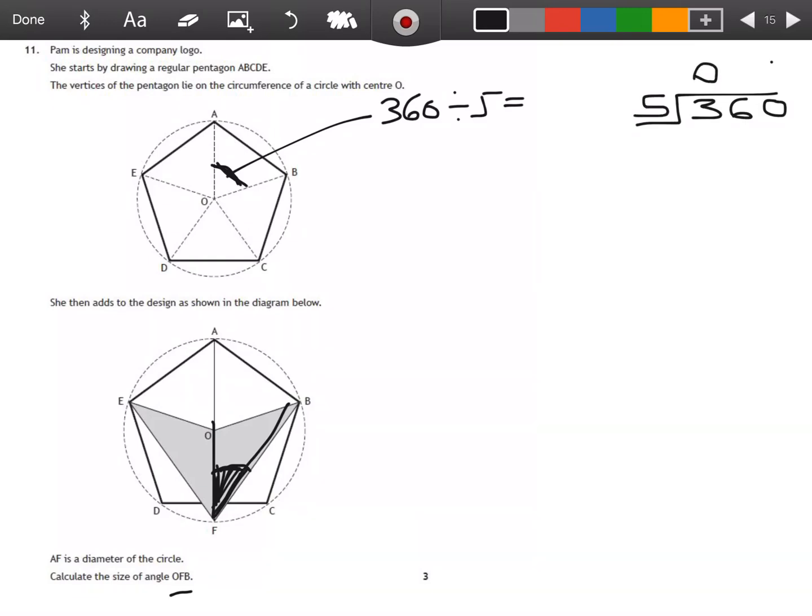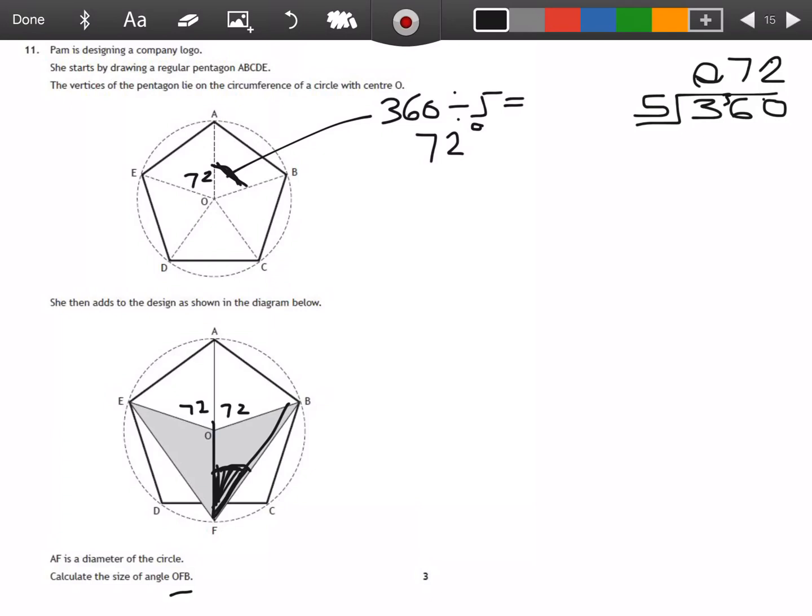How many 5s in 36? 5 7s are 35, so 72. So each angle at the centre is 72. They're all 72.